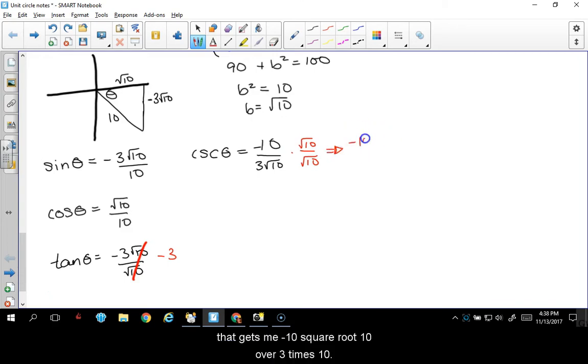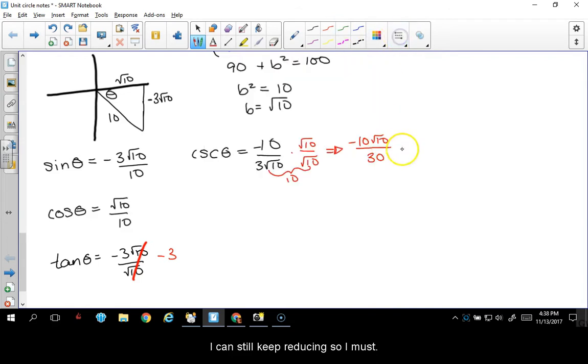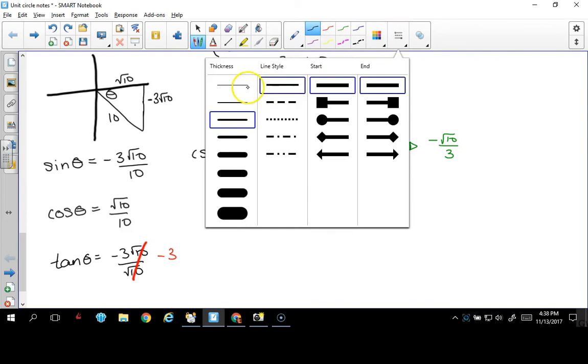That gets me negative 10 square root 10 over 3 times 10, so 30. I can still keep reducing, so I must. Negative 10 over 30 is going to get me negative 1/3. So I just have negative square root 10 over 3. That is the cosecant. That's where I stop.